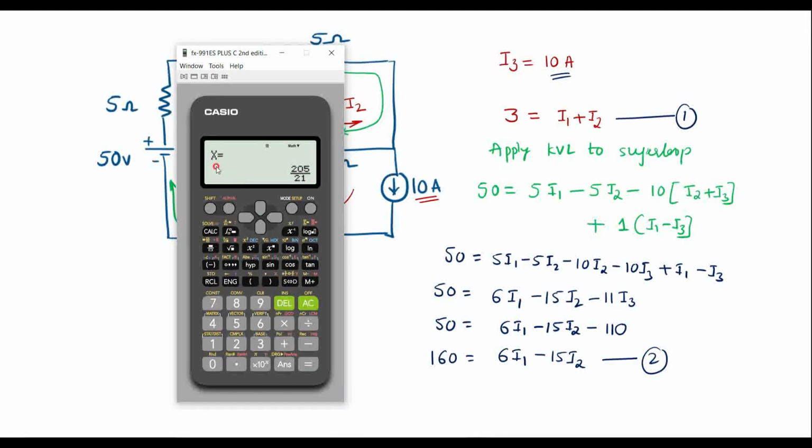It gives x. X is nothing but I1. Its value is 9.7619. Press equal again. Y is nothing but I2. So I2 value is minus 6.761.